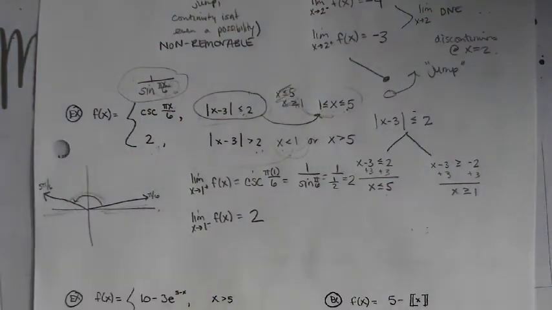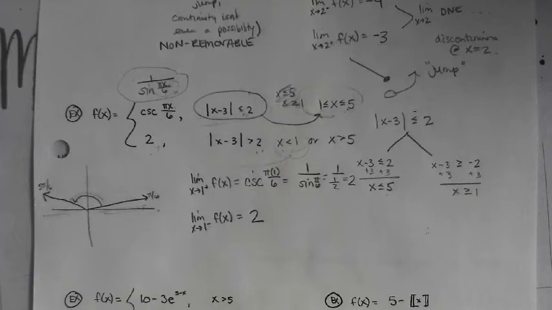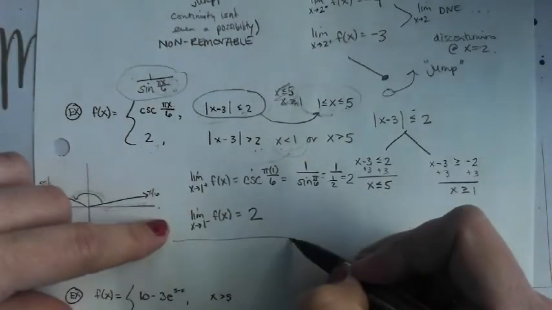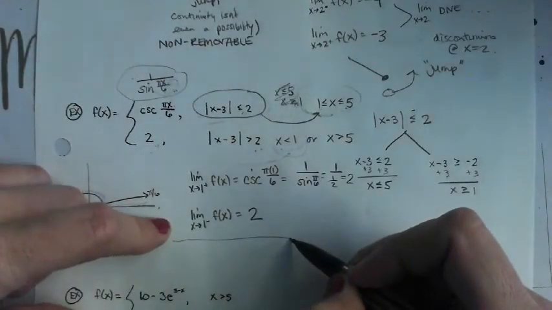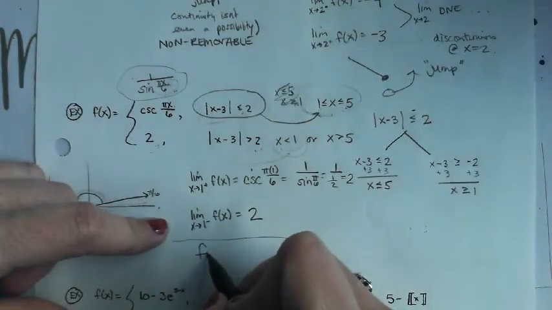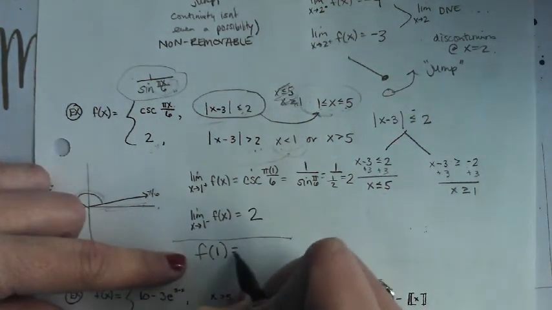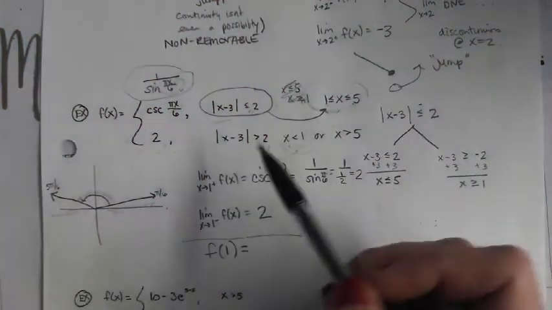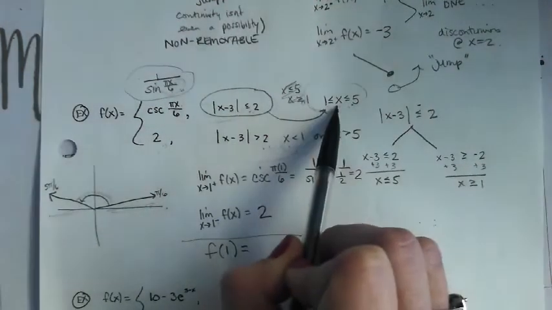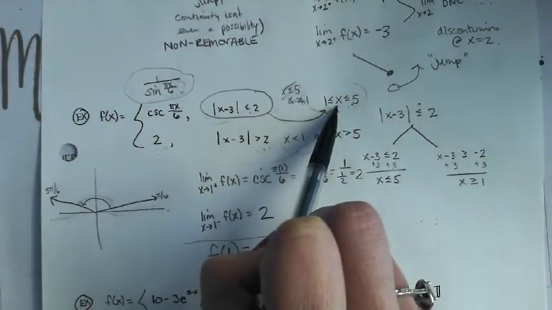So does the limit exist as we approach 1? Yes, you're right, I'm sorry, thank you, Josh. Yes, it's 2. Okay, so the limit exists. Is it continuous there? What is f of 1? F of 1 would mean we use the first equation, right?